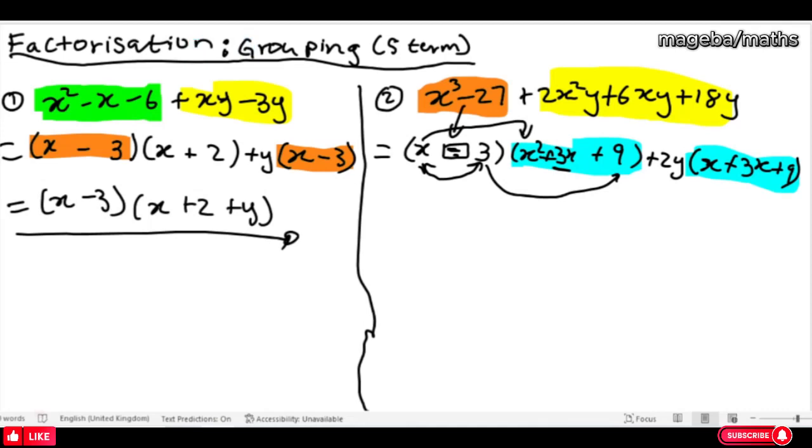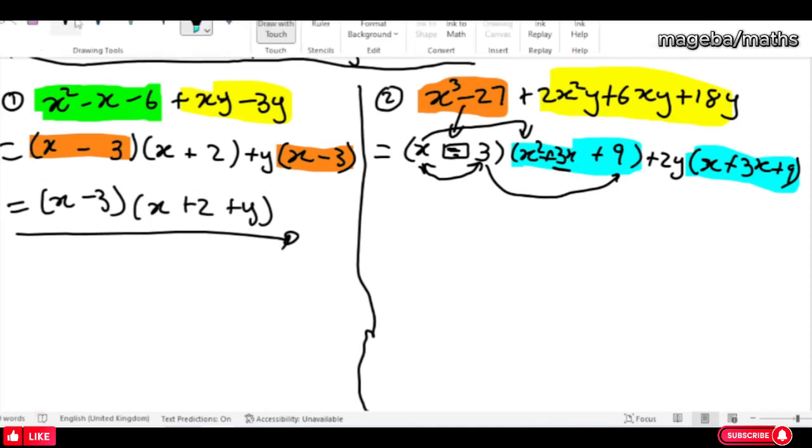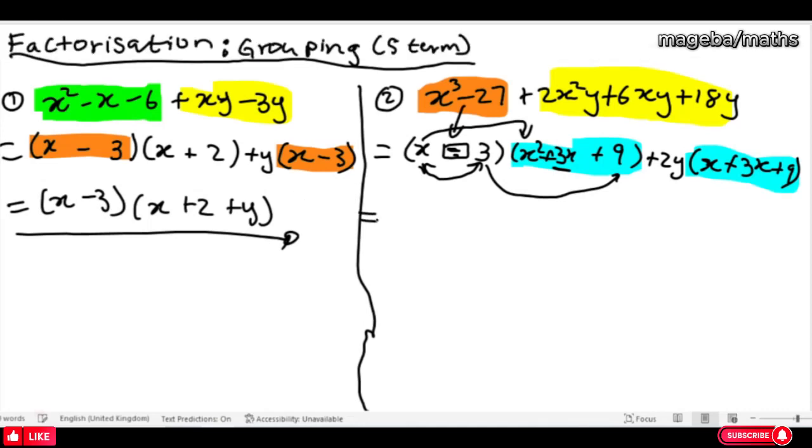Then from there you can just say x squared plus 3x plus 9 is a common factor. And then we have x, which is this, minus 3, which is this whole thing, and then plus this 2 that is here, which is plus 2y.